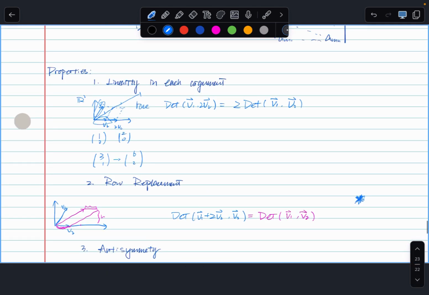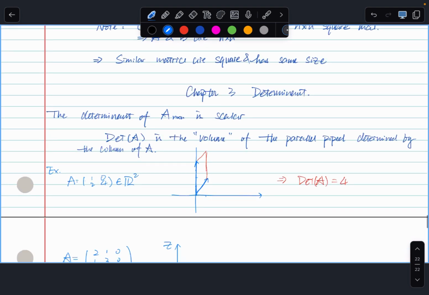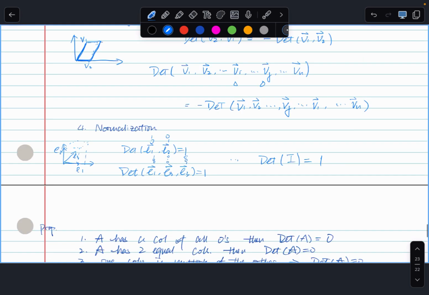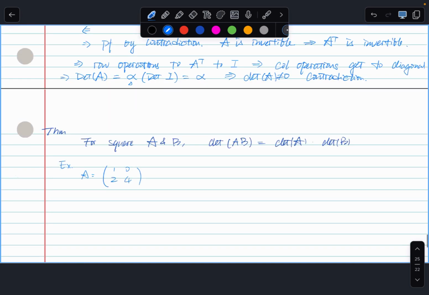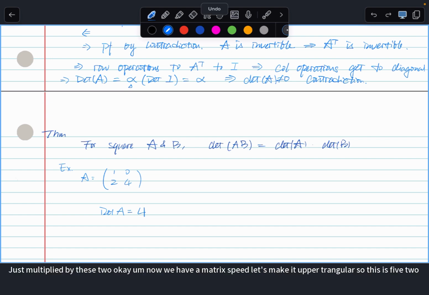Yes, because this is lower triangular, so we can just multiply the diagonal entries.